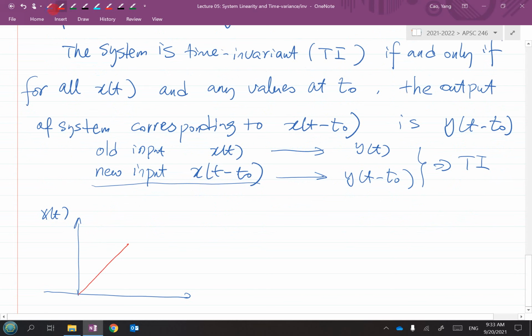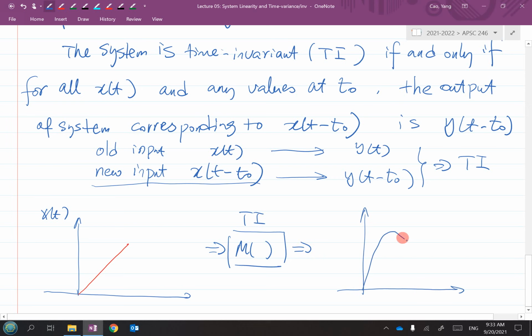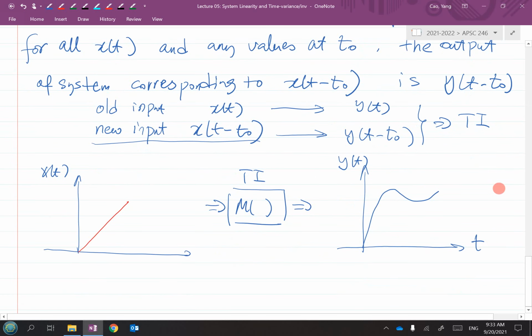Then you feed these inputs into a system, let's call it operator M. Assume the system is a TI system. Then the system will produce certain outputs. I don't know what to say, but let's just draw an arbitrary output to represent this idea.